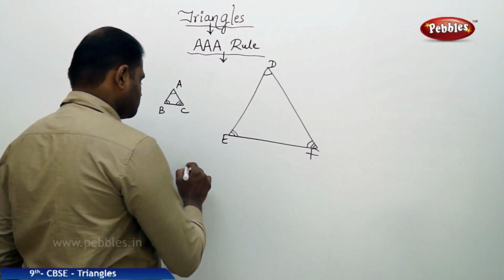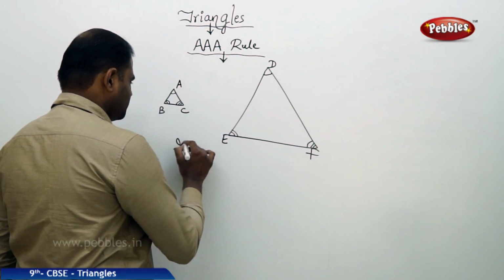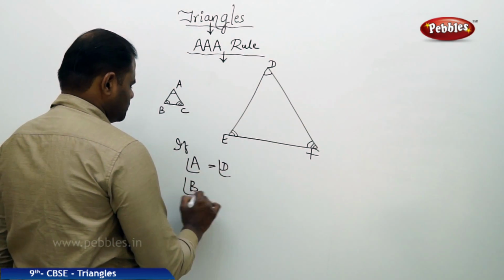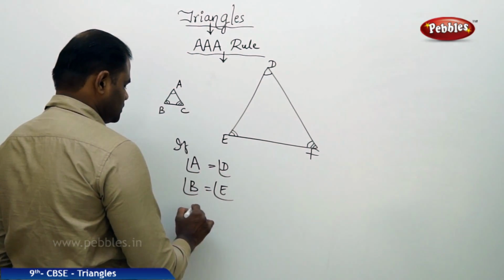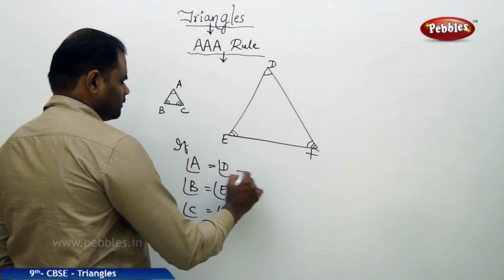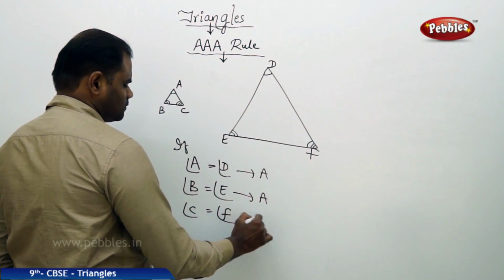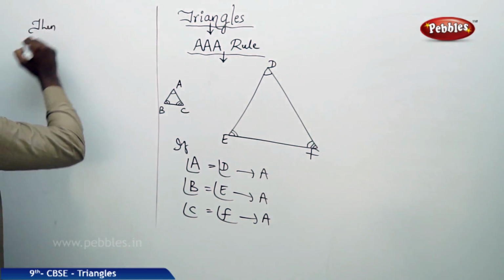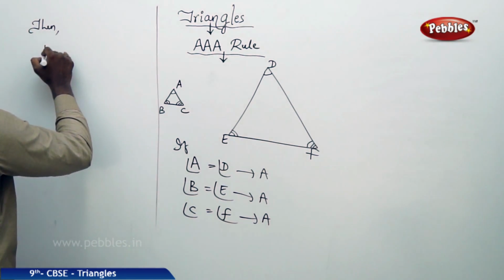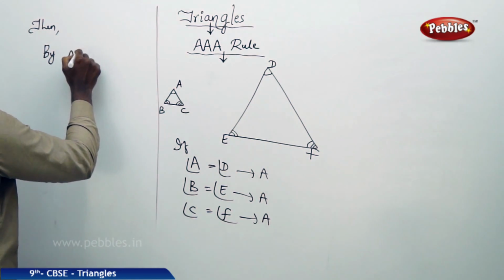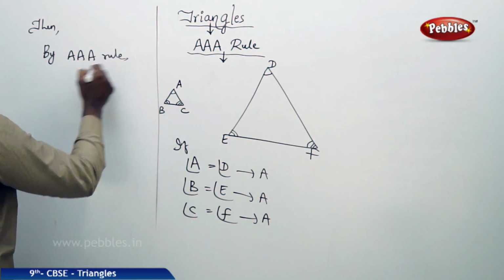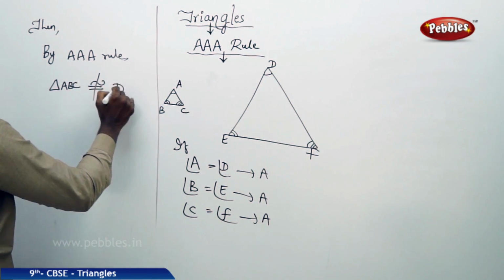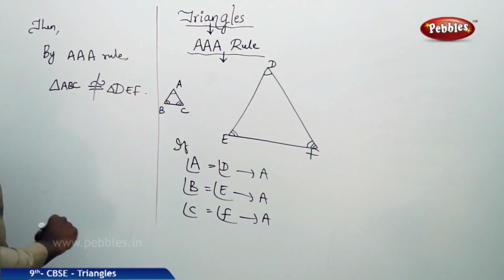Therefore, if angle A equals angle D, angle B equals angle E, and angle C equals angle F, then by the AAA rule, triangle ABC is not congruent to triangle DEF.